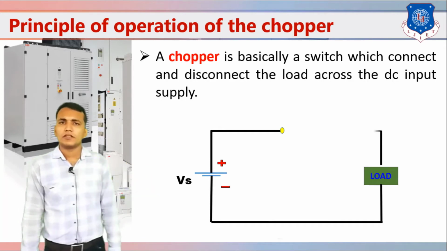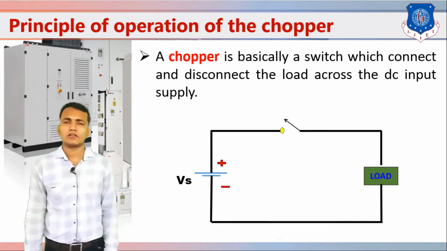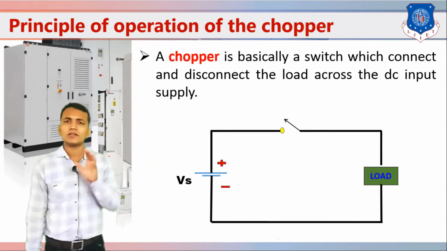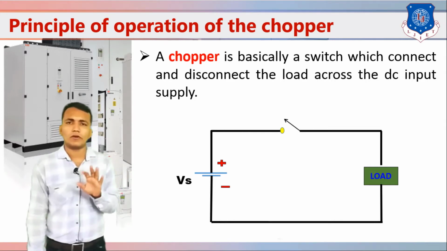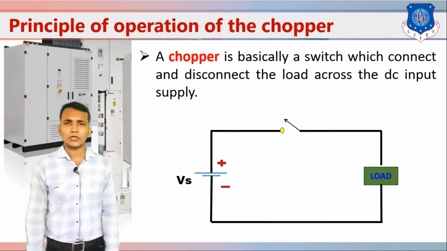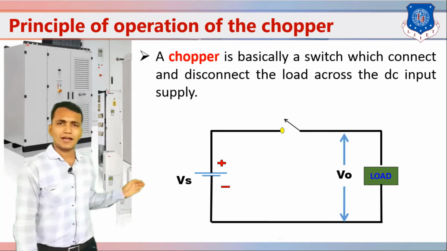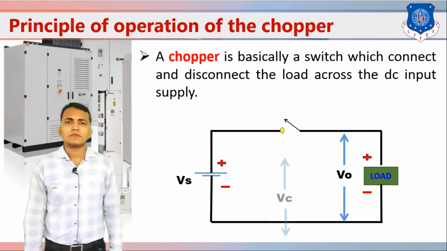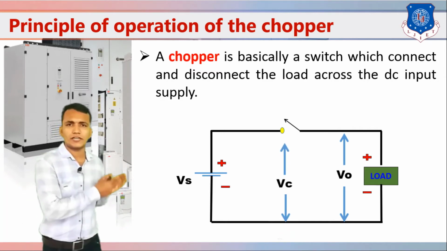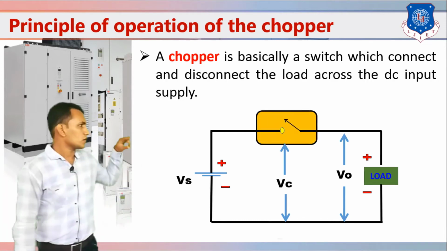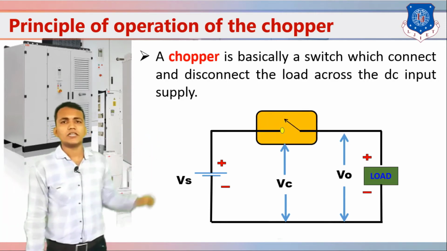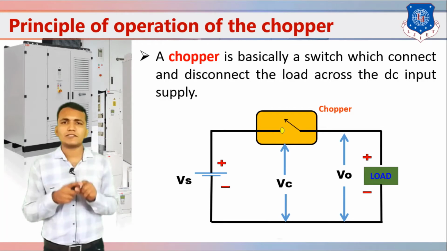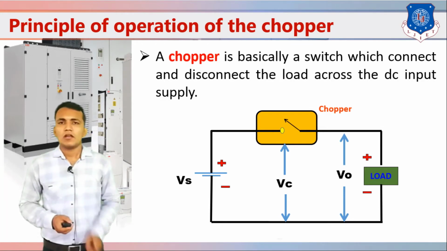Then we use one switch. So here we connect the DC supply across the load using a switch which connects and disconnects the load as per our switching operation. Here is the output voltage V0 with plus and minus polarities. Then this is a control voltage VC. This switch is our chopper circuit. We can say that this switching circuit is our chopper circuit.